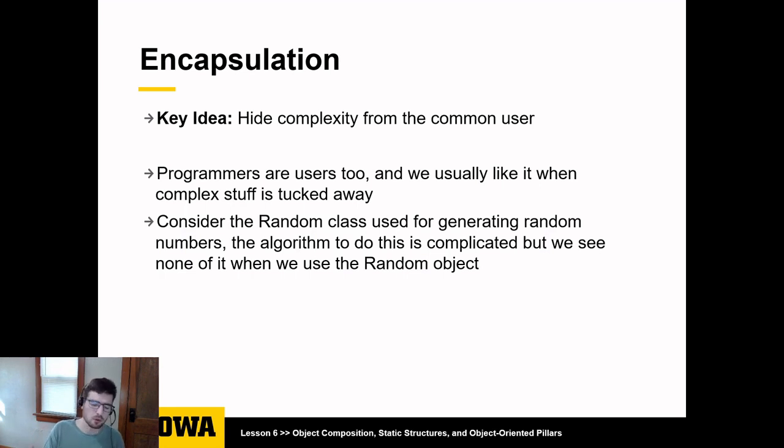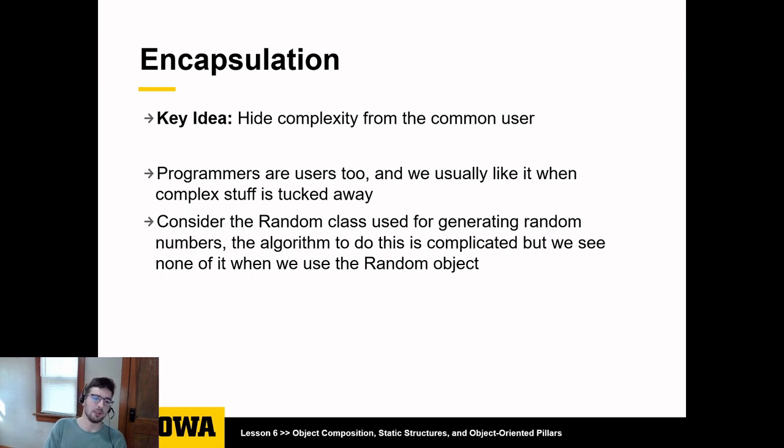A programming example is, if you think back to the lesson 1 exercise, we use the random object to generate a random number between 1 and the size of a dice. And I'm sure that random object has a big, beautiful algorithm for generating these random numbers, but I don't really care about that big, beautiful algorithm.